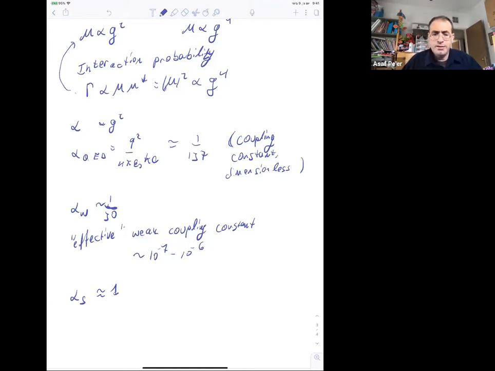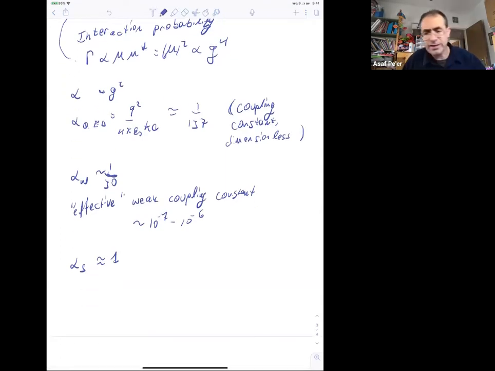But what saves us is that when we go to higher energies, the coupling constant is not really a constant. It's really a misleading term. It is energy dependent. For the strong interaction it actually goes down with energy, so when we go to higher energies, it becomes smaller. I'll show you, well, at least I'll give you some sketch. You can find it in textbooks.